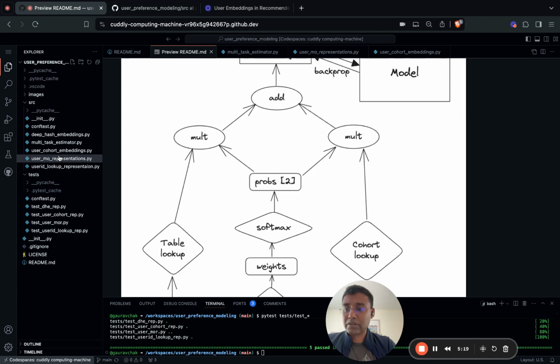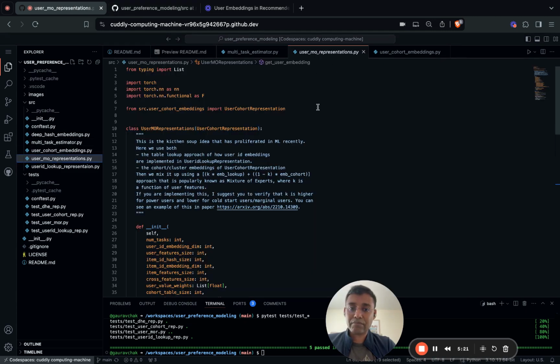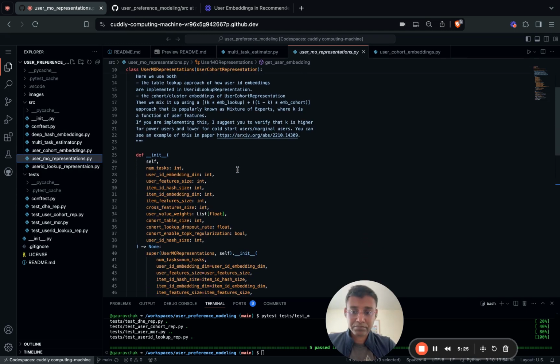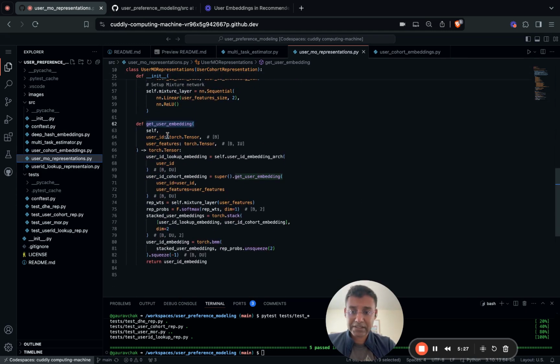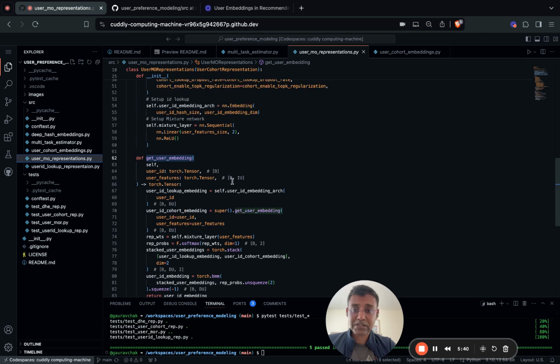So let's look at the user mixture of representations. Again, let's look at the get user embedding function, which is what we've been doing so far. It uses the embedding table to find the user ID lookup embedding, and the superclass here is the user cohort representation.